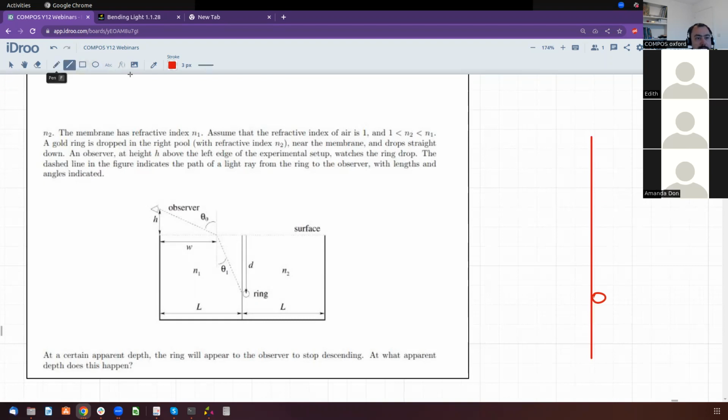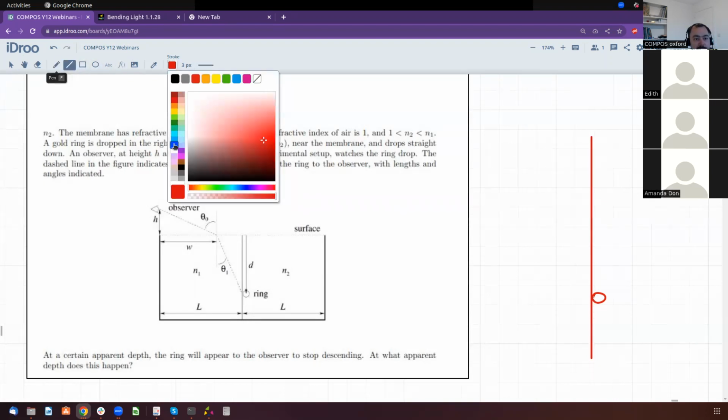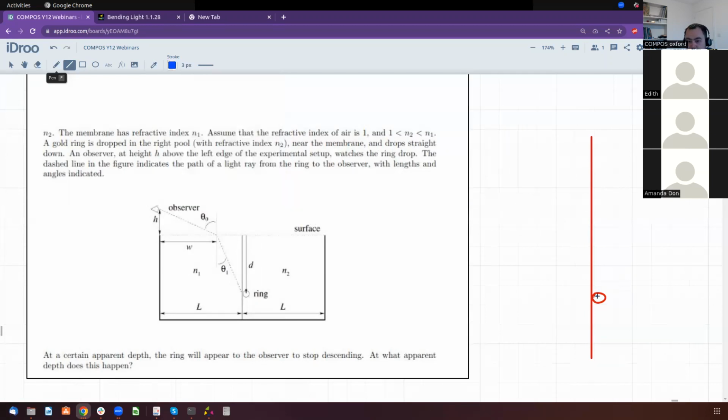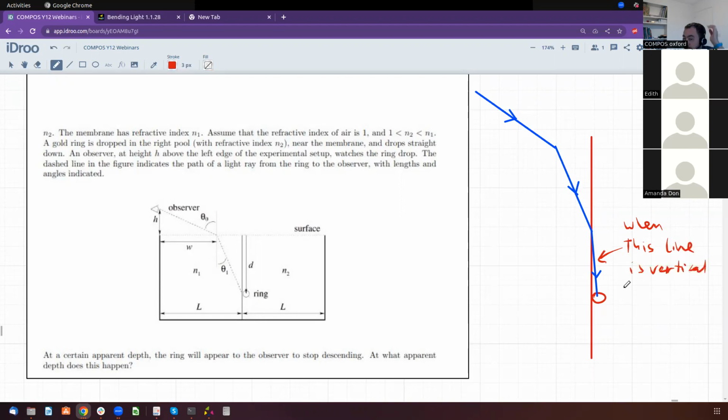And so the light travels from the ring to the membrane, refracts and refracts again. Now the ring stops descending when this line is exactly vertical. When this line is vertical, well, it will stop descending.